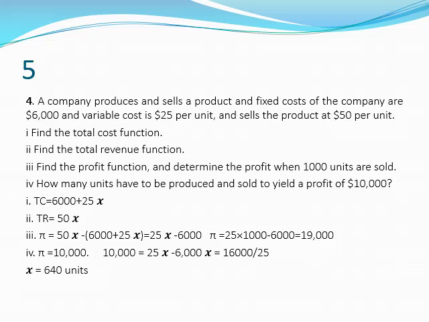4. A company produces and sells a product, and the fixed cost of the company is $6,000 and the variable cost is... so here we need to find again the function of revenue, the function of profit.